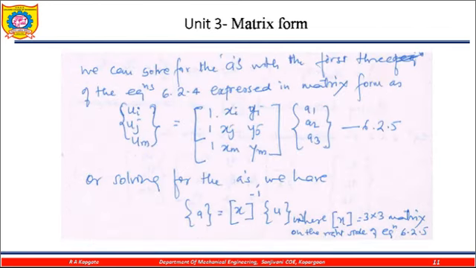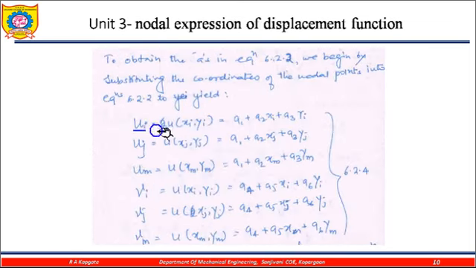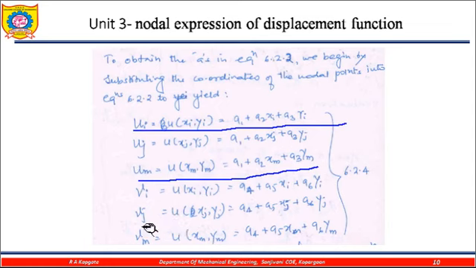So I am developing my matrix, that is ui, uj, um. ui is equal to a1 plus a2x plus a3y. So you can see here that this is my linear equation for ui, this is my linear equation for um, and this is my linear equation for uj. This is a1, a2, a3.